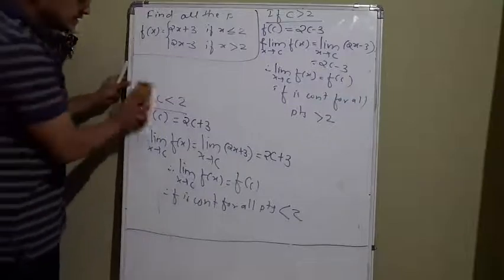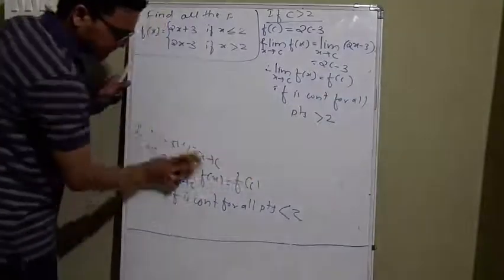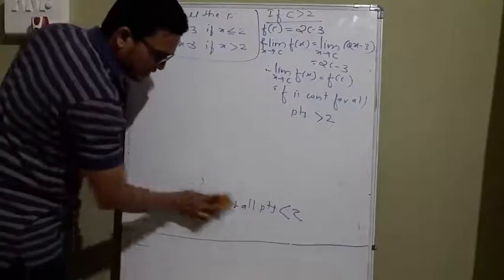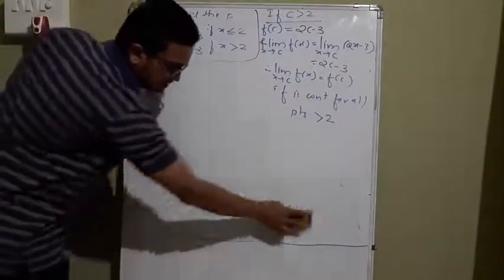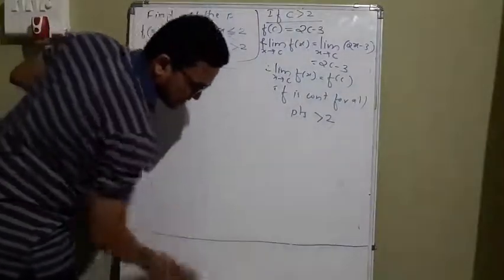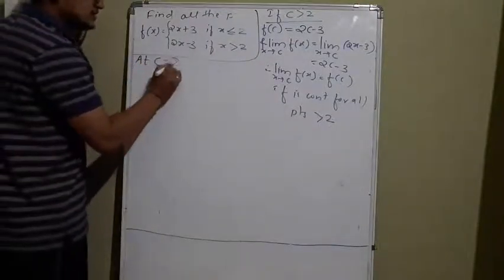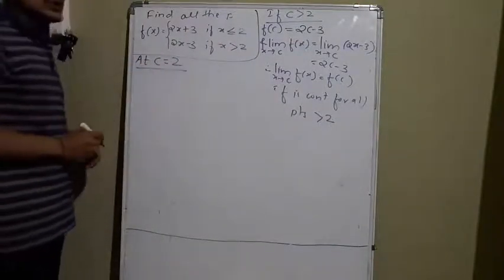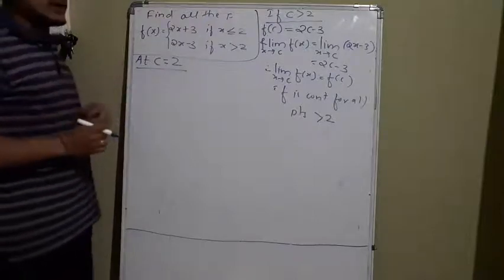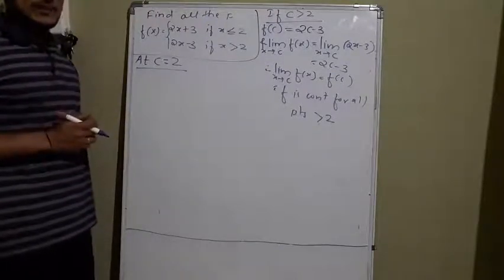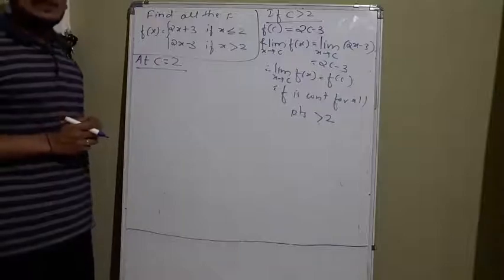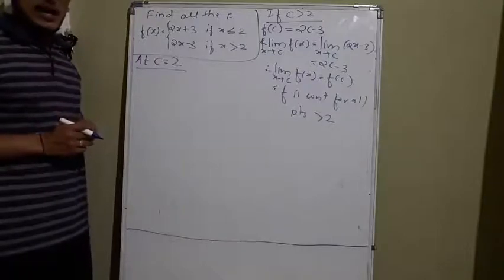Now I will take the third condition. The third condition is at c is equal to 2. Whenever you are taking the third condition, you have to check it with the second definition of continuity, that is LHL, RHL.